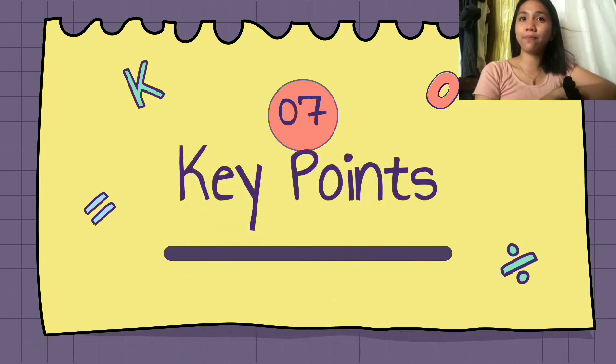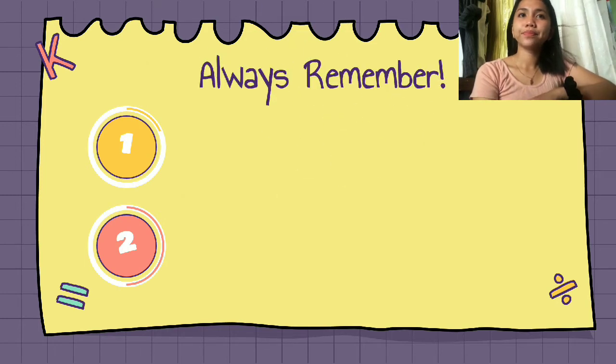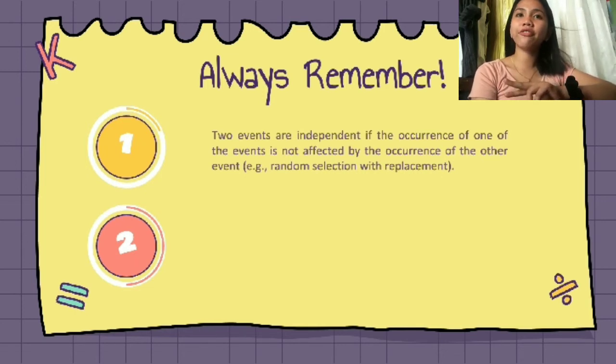So for the key points, here are the things you need to remember. First, two events are independent if the occurrence of one of the events is not affected by the occurrence of the other event.